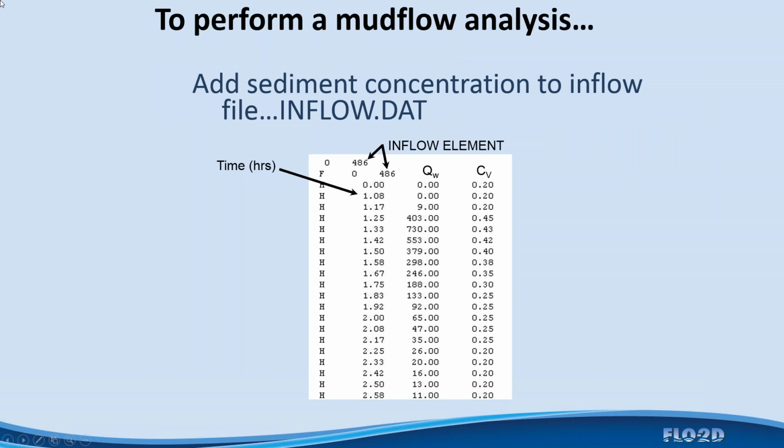Now, when you do this, you start with your water design hydrograph, time and discharge in the inflow.data file. And to this, we're going to add a sediment concentration by volume.